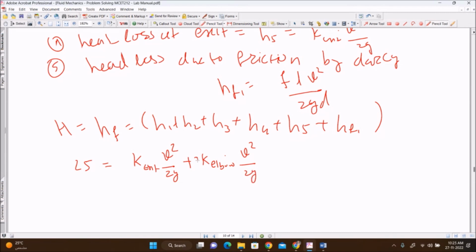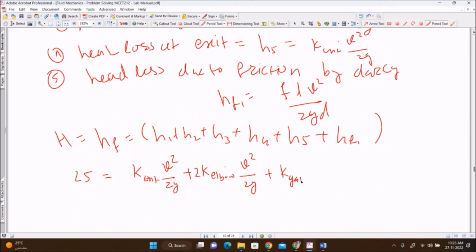Two elbows are there, plus K gate wall into V square by 2G, plus K exit into V square by 2G, plus Darcy FL V square by 2GD.